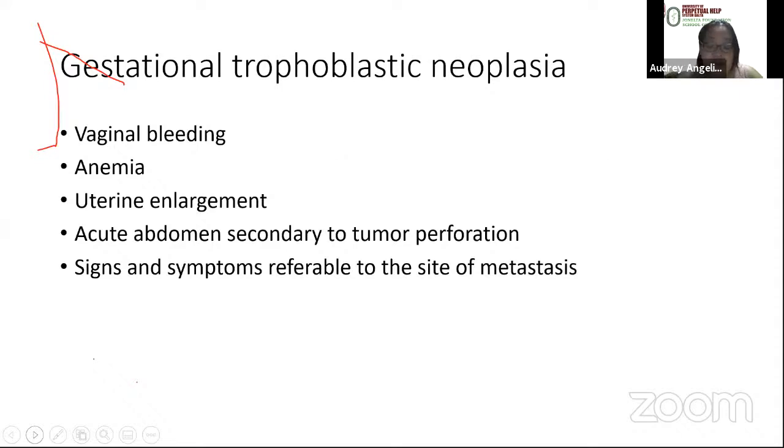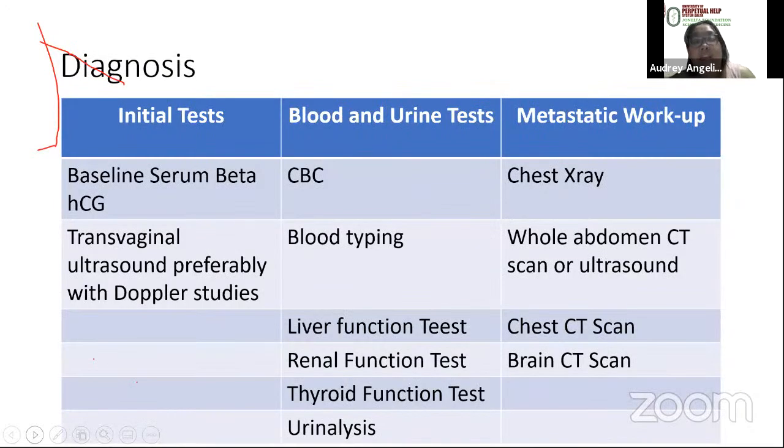Okay. So your other entity would be gestational trophoblastic neoplasia. It also presents as vaginal bleeding, anemia, uterine enlargement, predisposing one to tumor perforation. Okay. Initial tests would be the following.